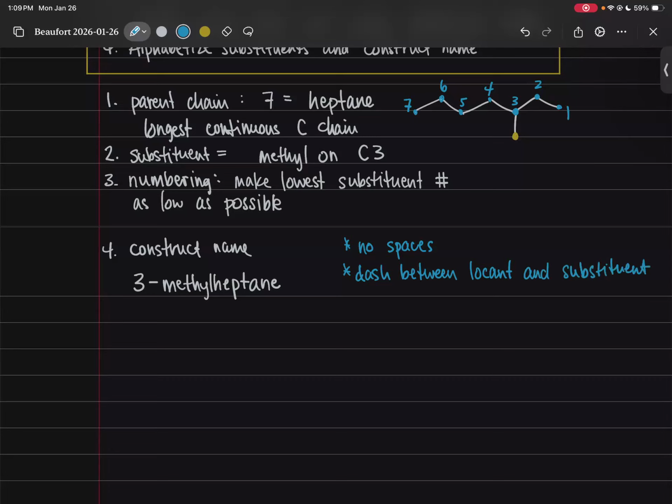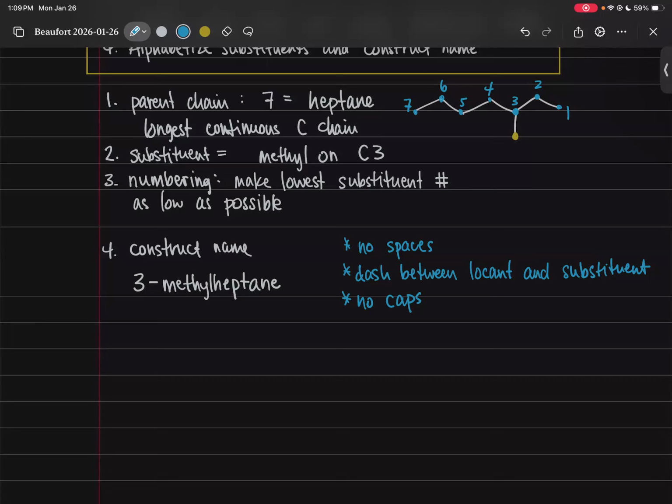We put a dash in between the locant number and the substituent name. And so actually you can extend that rule and say you're always going to put a dash between any number and any letter in an IUPAC name. And we also don't capitalize anything because these are common nouns, not proper nouns.